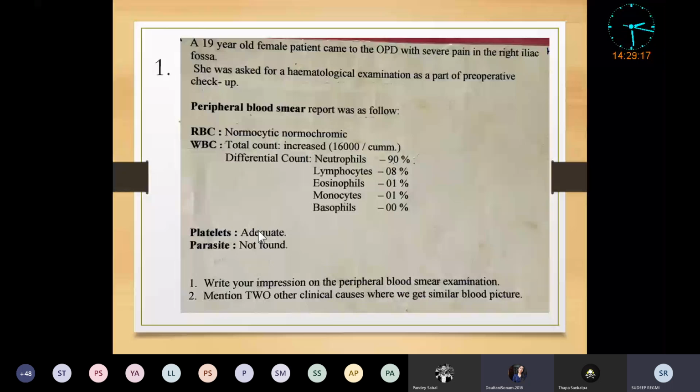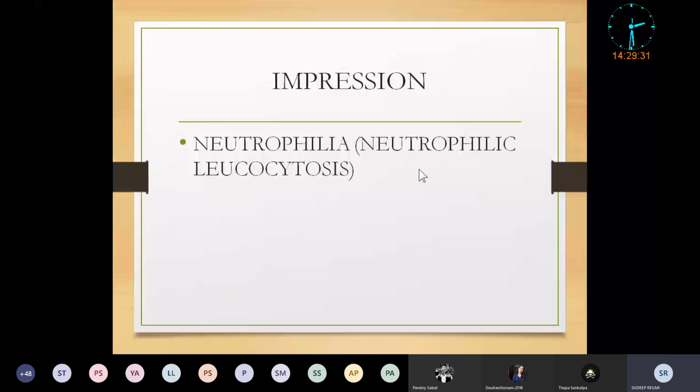Acute infections and sepsis. Okay. So it is myocardial infarction. Okay, acute myocardial infarction. So we'll talk about that.